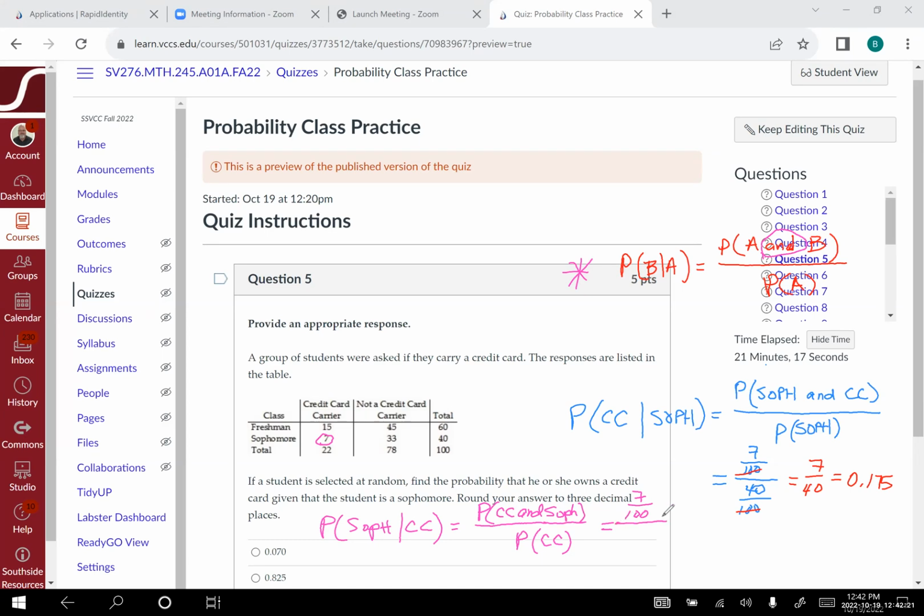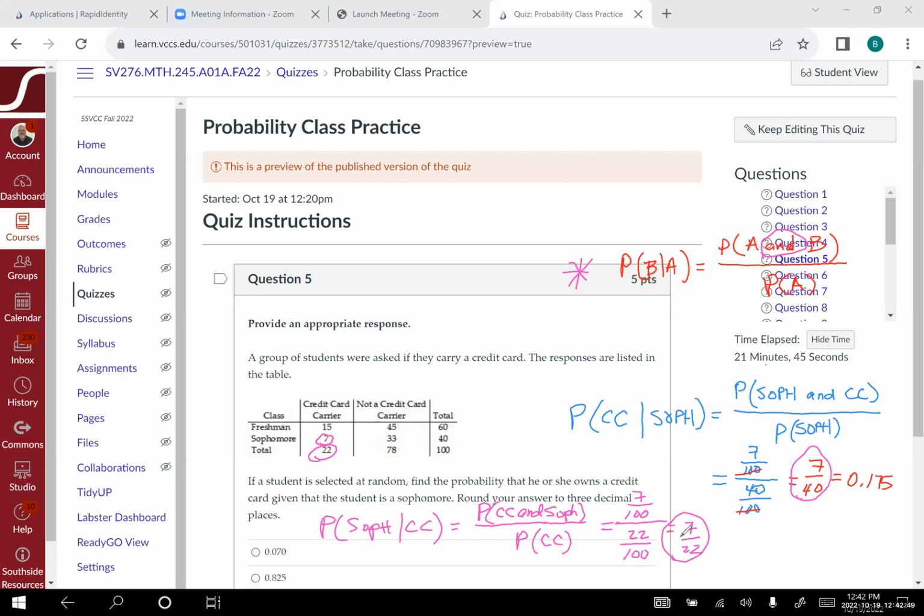The bottom looks like the probability of having a credit card. Total number of students that have a credit card are 22. There's 22 students that have a credit card. There's 100 students in the sample space. My answer now becomes 7/22, which is different. We had 7/40 here. Now we have 7/22.